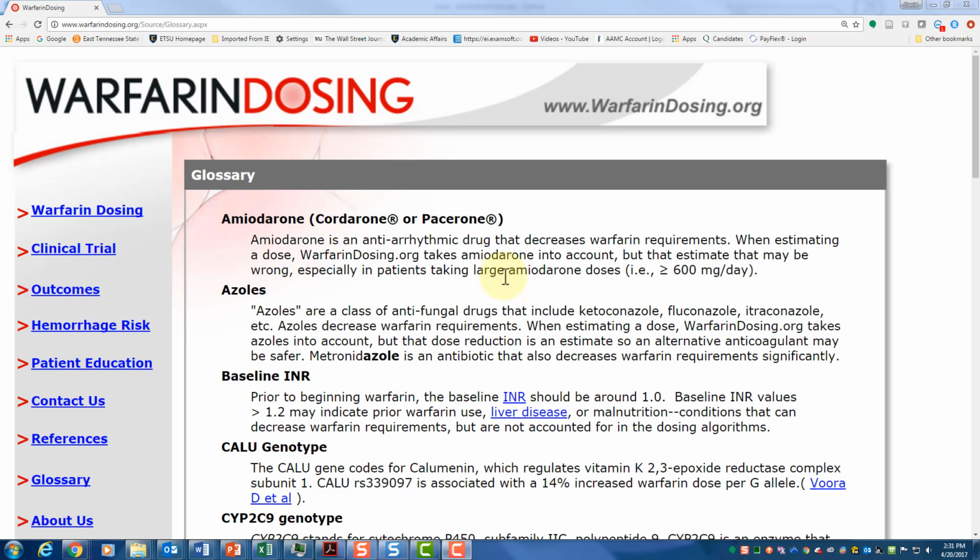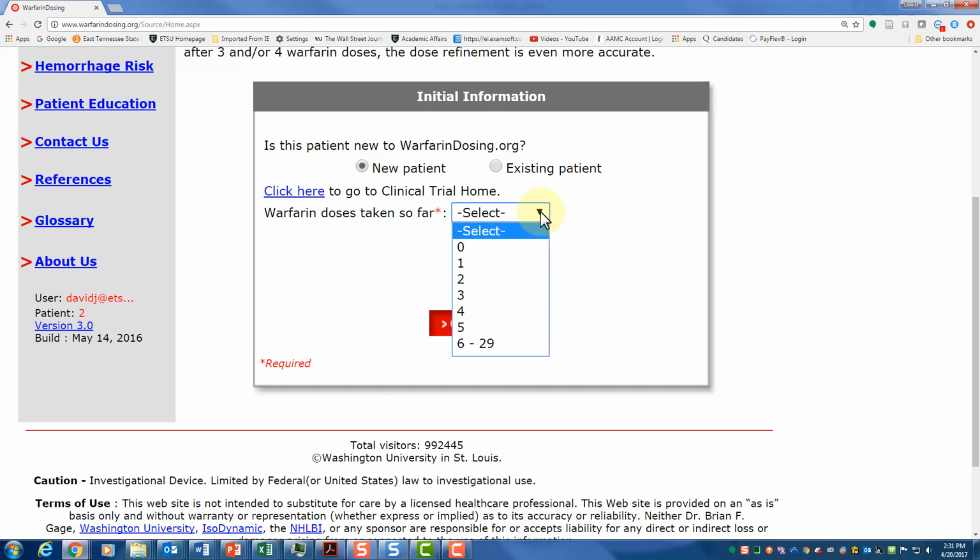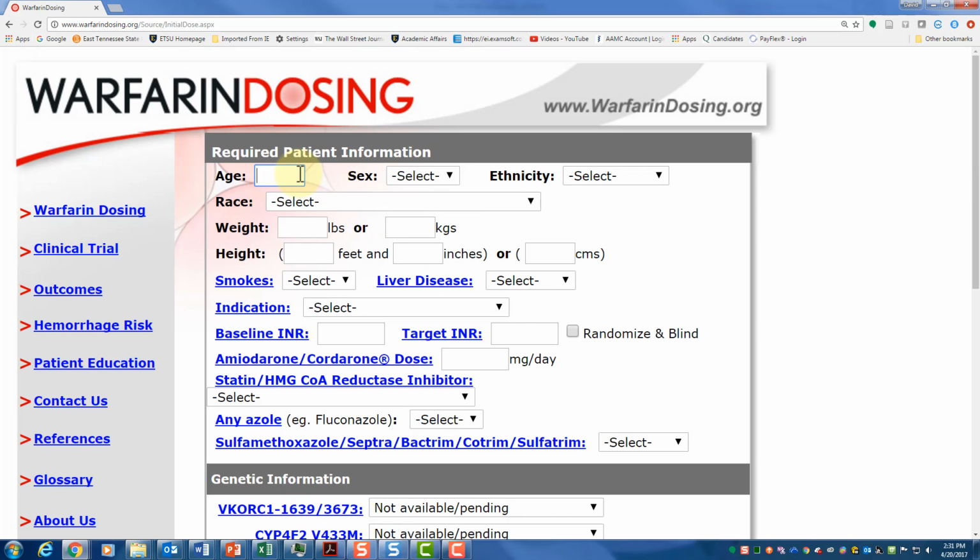So let's now go back to the algorithm, and we'll go to the warfarin dosing, and we're going to go down here and select a patient that has currently no dosing, and we're going to go on to continue. We're going to give this guy an age of 60. We're going to call him a male. We don't know about his ethnicity.